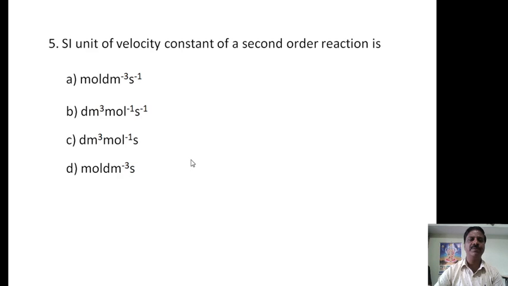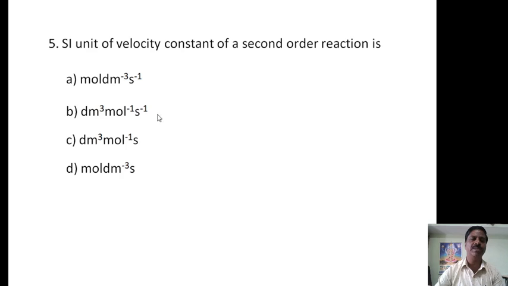Now last, the fifth one: the SI unit of velocity constant of a second order reaction. Four options are given. The first option is mole per cubic decimeter per second. The second one is cubic decimeter per mole per second. C option is cubic decimeter per mole second, and D option is mole per cubic decimeter second.